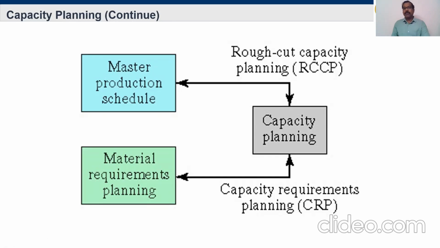If that calculation goes a little wrong, though a significant difference won't be there, they do the planning and calculate again, and give the numbers to the material requirement planners. That kind of work is called capacity requirements planning. This is different. The first one is rough cut capacity planning, done before material requirement planning.